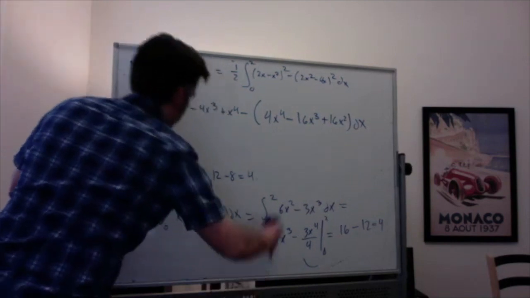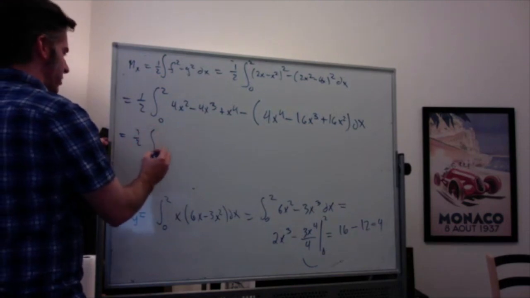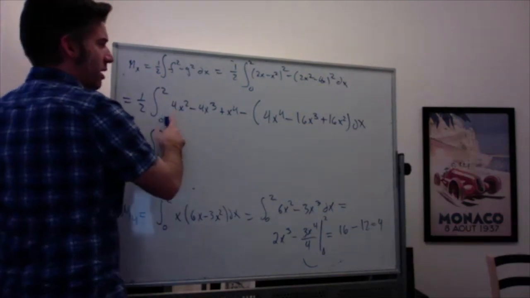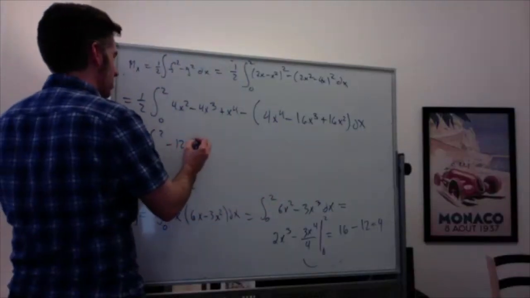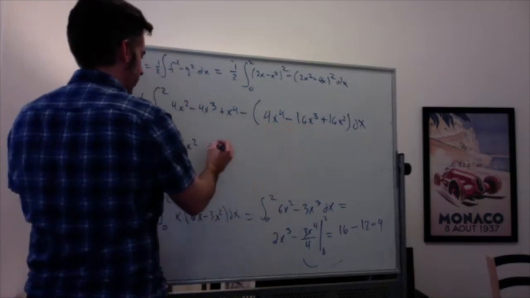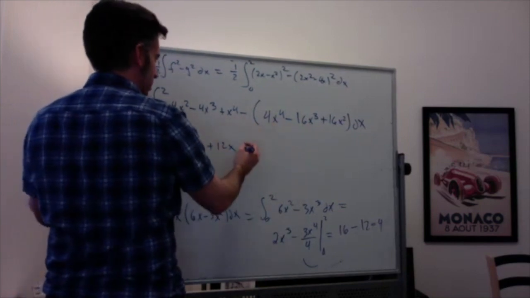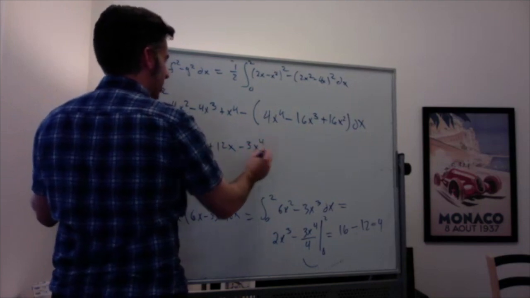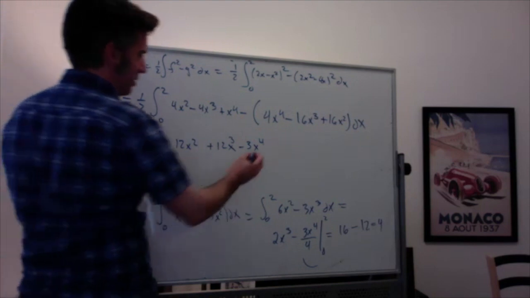We get 1/2 times the integral from 0 to 2. 4x squared minus 16x squared is negative 12x squared. Negative 4x cubed plus 16x cubed is 12x cubed. And x to the 4th minus 4x to the 4th is minus 3x to the 4th. I lost the cube there.